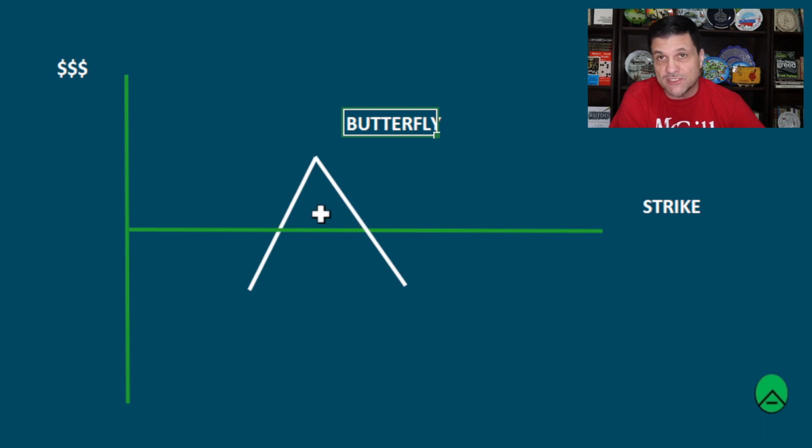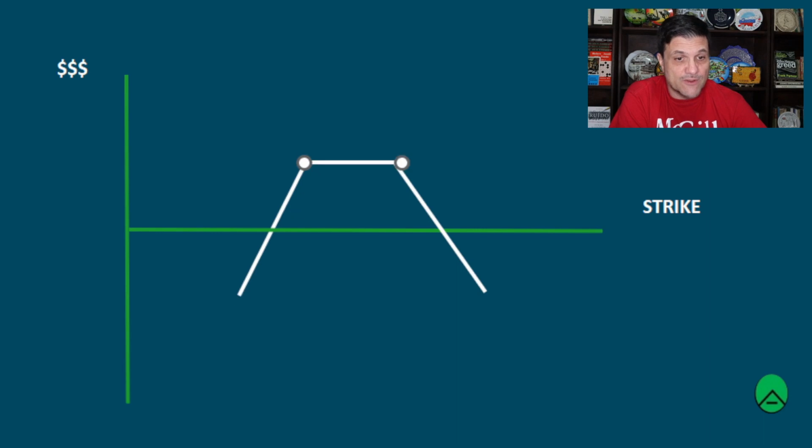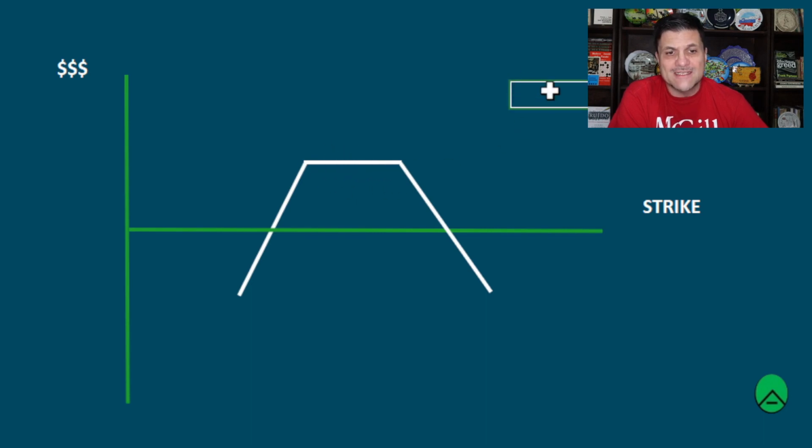But I don't need to sell the same strike price. I can sell with two different strike prices. One is here and one is there. I sold two options with two different strike prices.